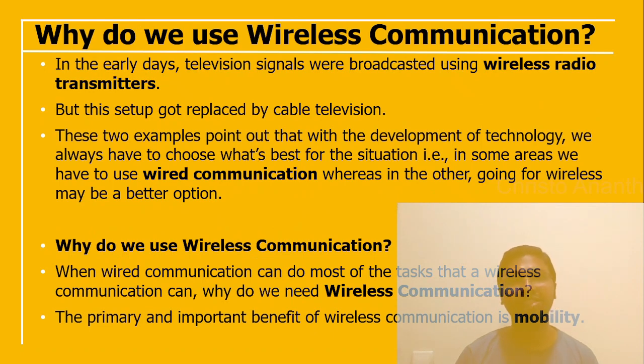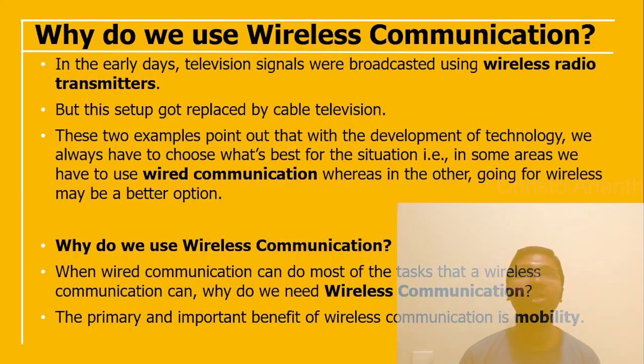In the earlier days TV signals were broadcast using wireless radio transmitters, but this setup was replaced by cable TV. That is how the technology evolved, and we choose what is best for us. In some areas we use wired communication, in some areas wireless communication.